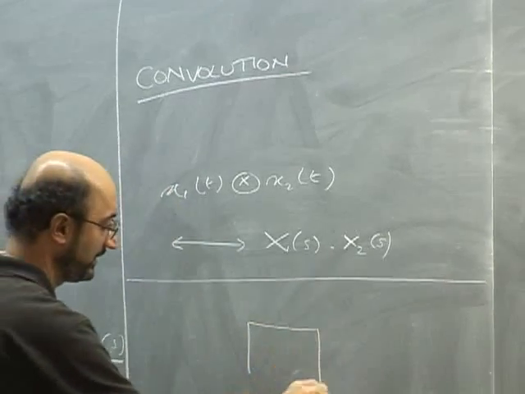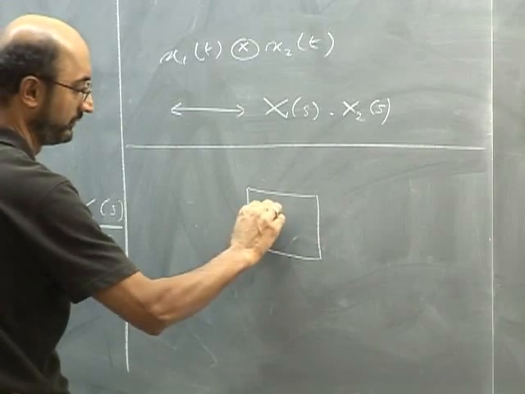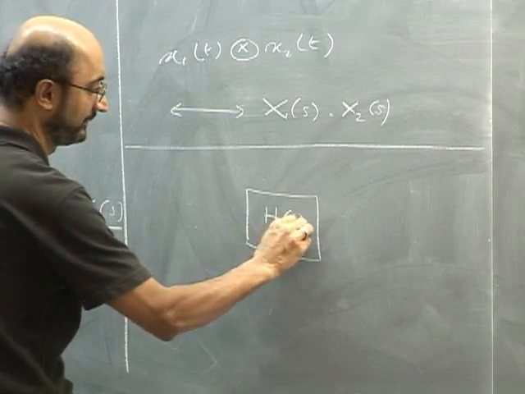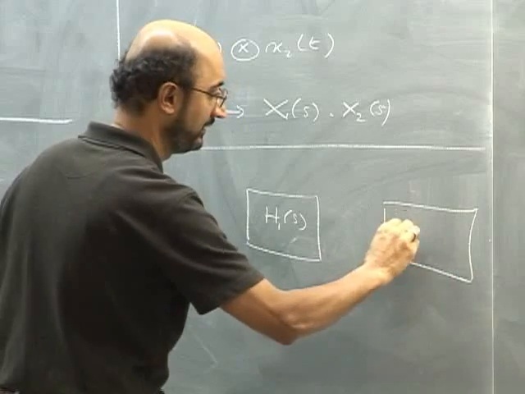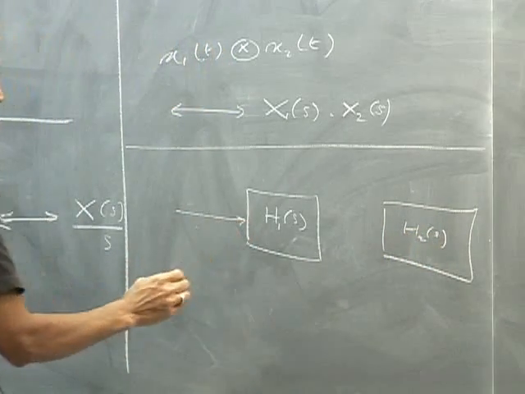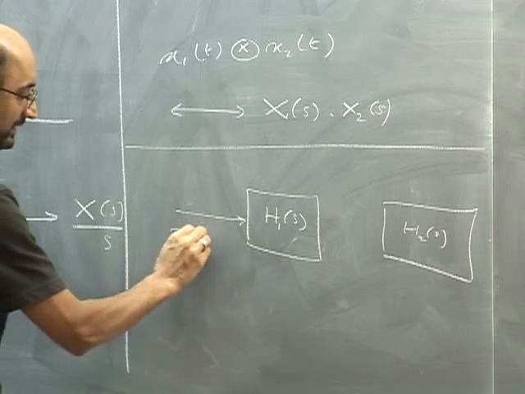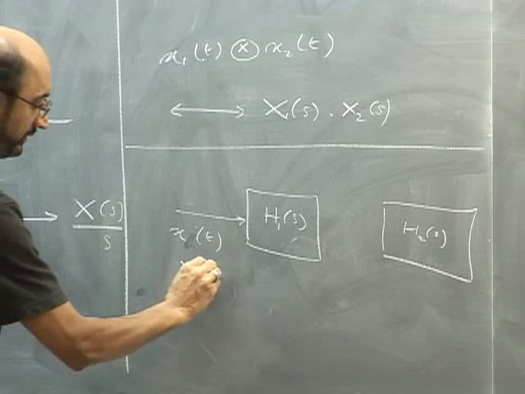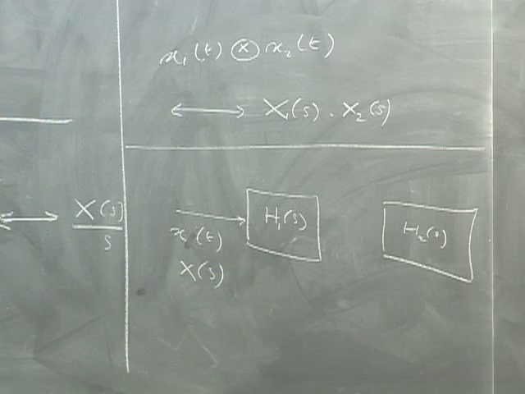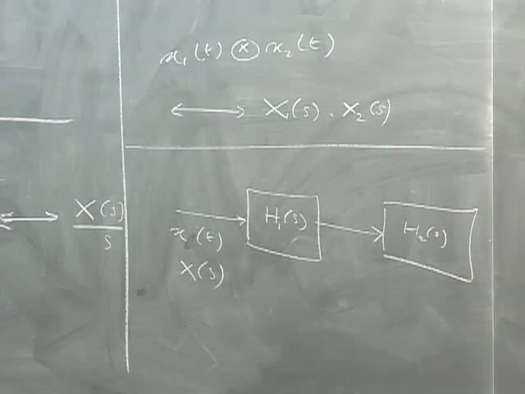Let's say I have over here some system given by H1(s), and then another system given by H2(s), and it has some input x(t), which is transformed as X(s). Let's say the output of the first system is the input to the second system.